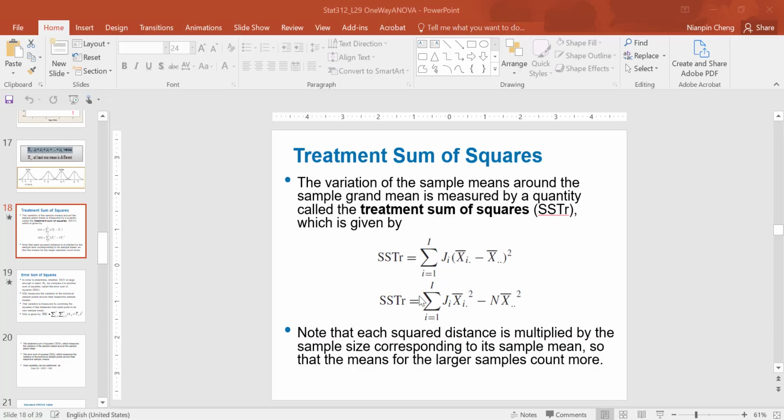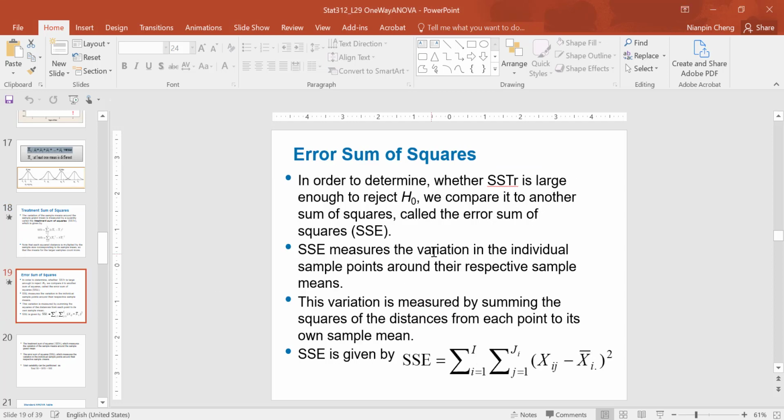Now a little summary of what we have done. First, we calculate the treatment sum of squares. That's the variation of the sample means around the sample grand mean, that's the X bar. And then we calculate the error part, sum of squares.